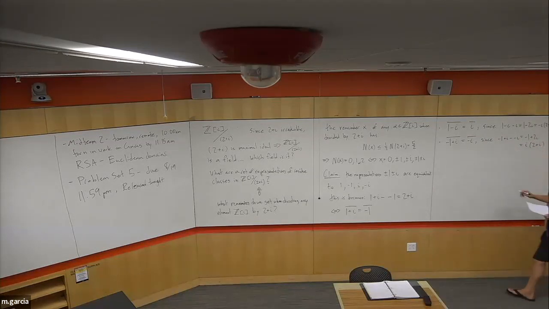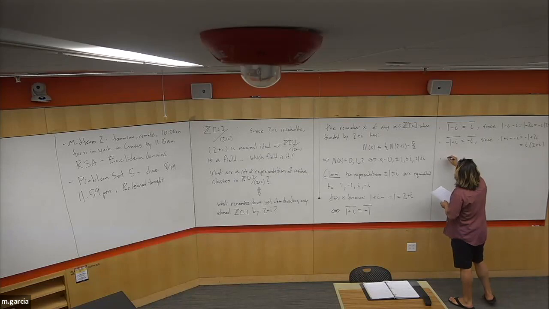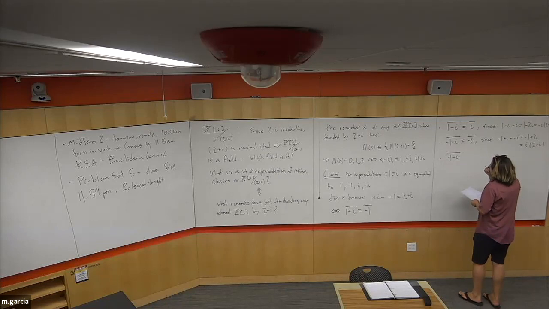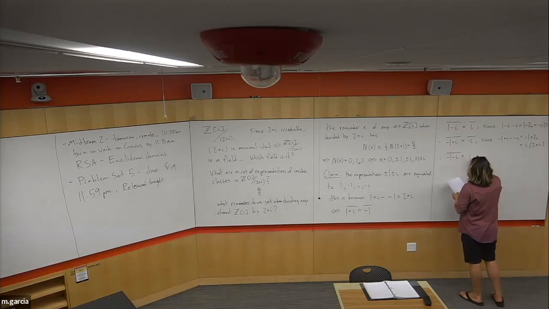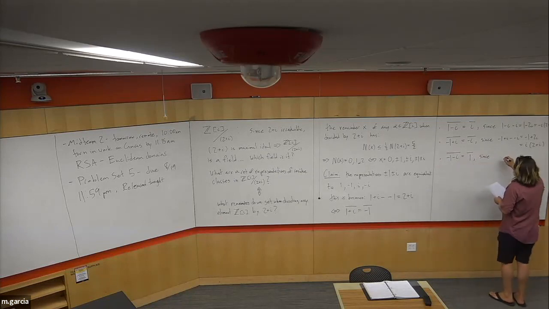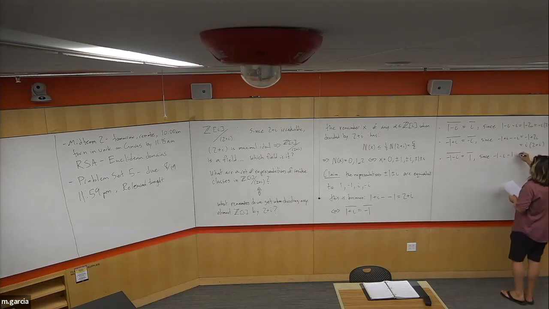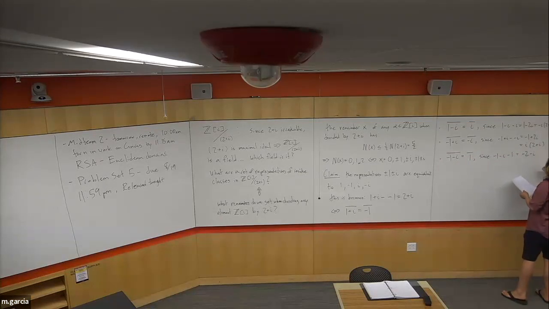Okay, and finally, the case where we have two negative signs. The residue class of -1 minus i is equal to the residue class of 1, since -1 minus i minus 1 is equal to -2 minus i, which is equal to -1 times 2 plus i.